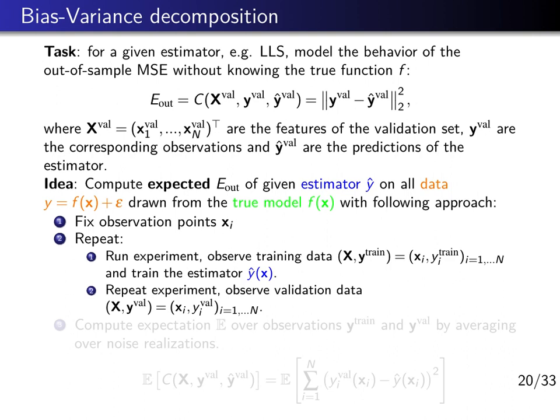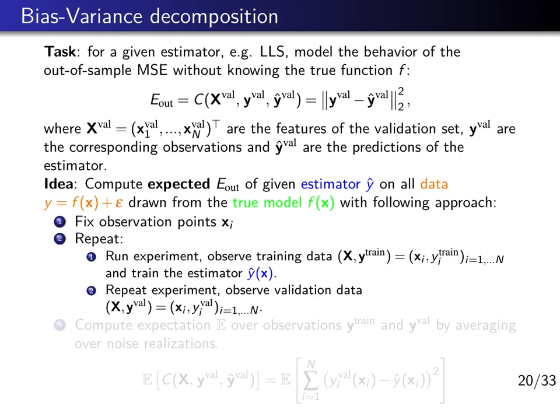Y equals f of x, so f is given, plus an uncertainty or error epsilon that occurs IID, independent, identically distributed, whenever we take such a sample. And we simply repeat taking samples using the same input data x.